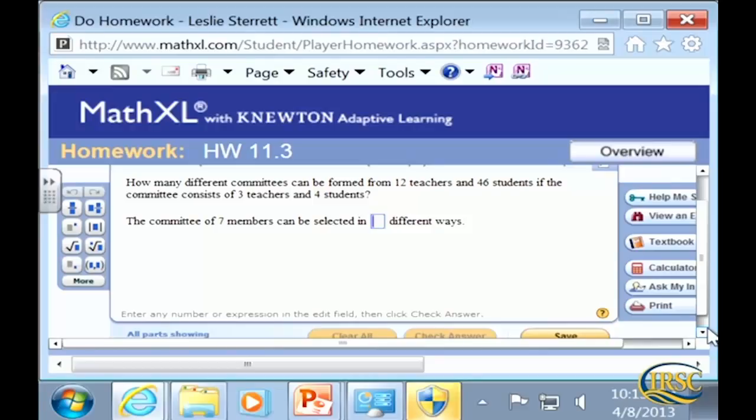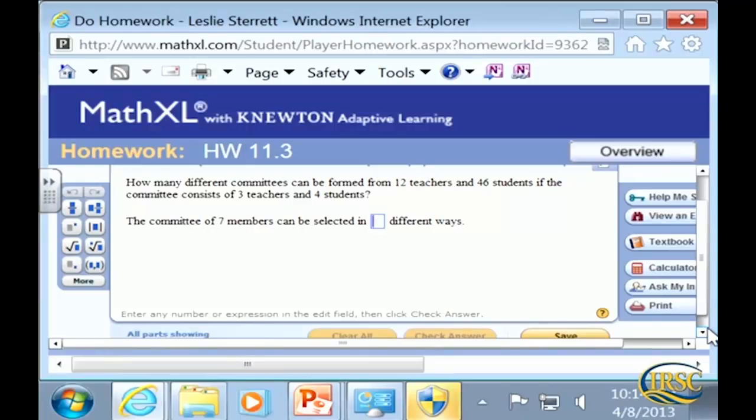And, well, first of all, let's ask, is this a permutation or a combination? Combination, good, because the order in which you select the teachers and the order in which you select the students doesn't matter. But if you try to select all 7 members from all of the teachers and students at once, then there's no guarantee that 3 of them are going to be teachers and 4 of them are going to be students.